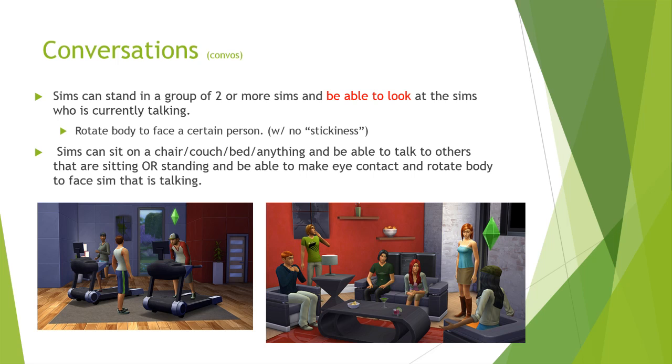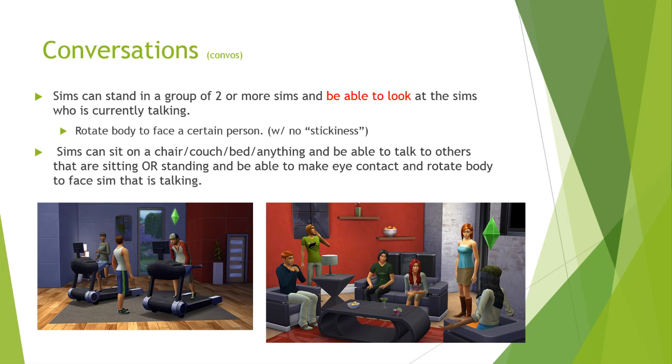She's giving a speech, telling a story. You can see the other Sims turning their heads and actually looking at her. They don't have to walk really close and have her stand up. They can all pretty much just talk.